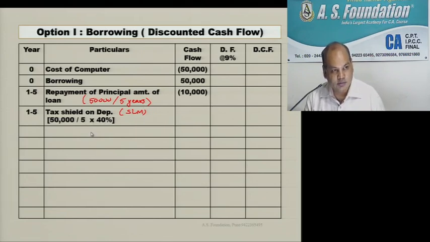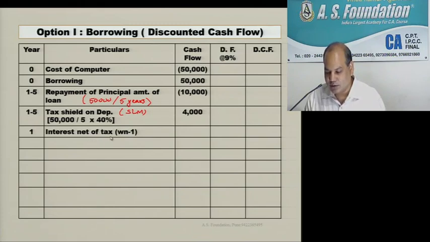Follow the instruction. Do not apply your own intelligence when the problem is giving you some instruction. So no question of deducting salvage from depreciation. 50,000 divided by 5 is depreciation. Depreciation into tax rate is the tax shield on depreciation. How much? 4,000. Wonderful.